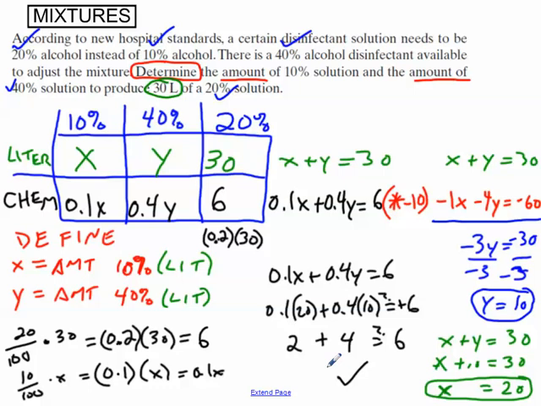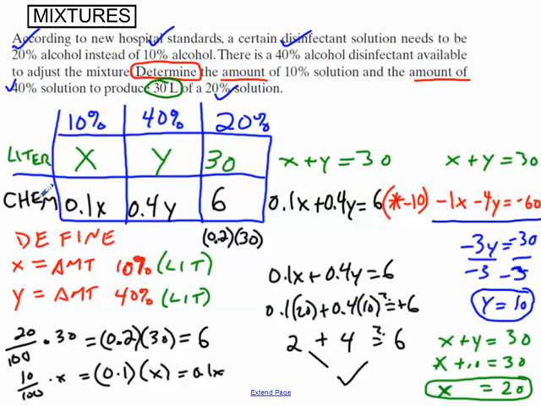And we've set up our system of equations by looking at two different things. Number one, the liters of stuff that we're looking at, because they gave us liters here. We have to set up one row as liters. We have to set up another row as chemicals, the amount of chemical that we have, and that's the trick to setting up mixture problems. Liters, or amount of stuff that you've got, and chemicals.